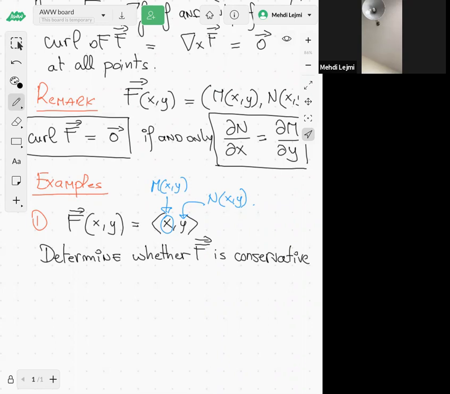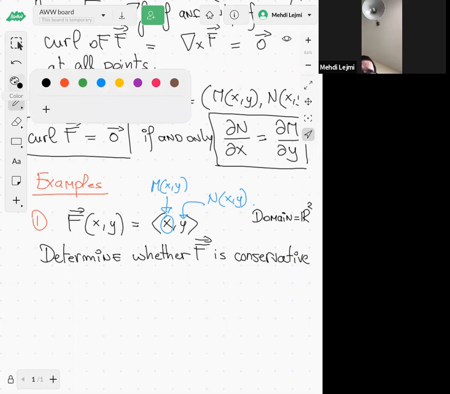All right. So in this example, the domain of this vector field F is just the whole plane, since the functions x and y are defined in R2. And R2 is simply connected. So in the case of a two-dimensional vector field, by the remark we had, the only thing we have to check is that the derivative of N with respect to x is equal to the derivative of M with respect to y.